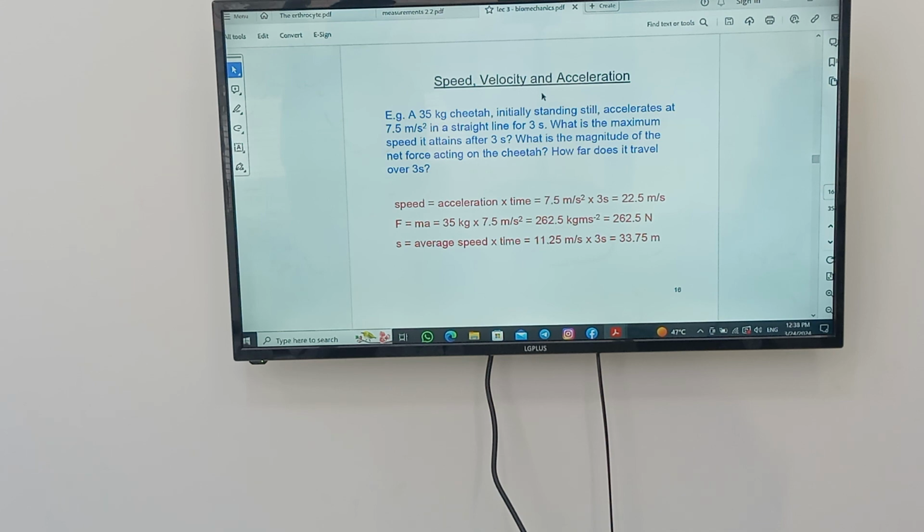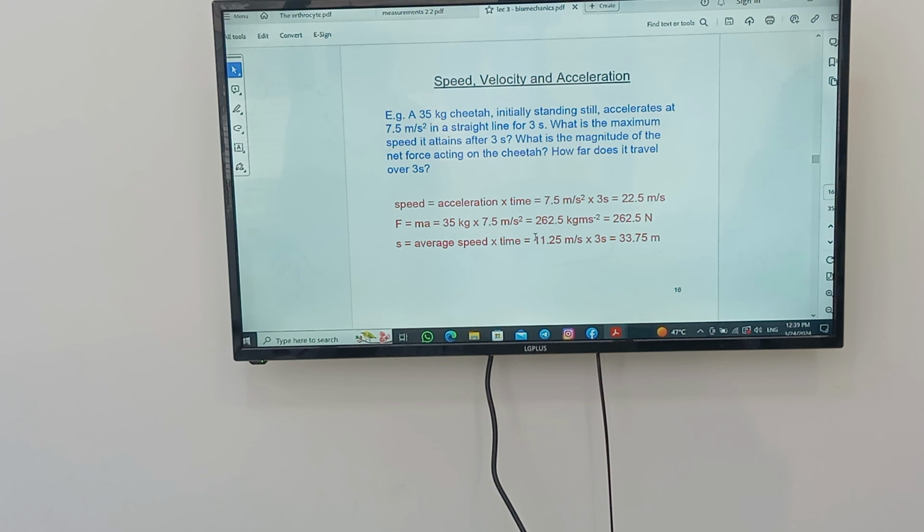First, we have to find the maximum speed after 3 seconds. Speed equals the acceleration multiplied by time. So we can say 7.5 meters per second squared multiplied by 3 seconds is 22.5 meters per second. The force equals mass multiplied by acceleration. The mass of the cheetah is 35 kilograms and it accelerated at 7.5 meters per second squared.